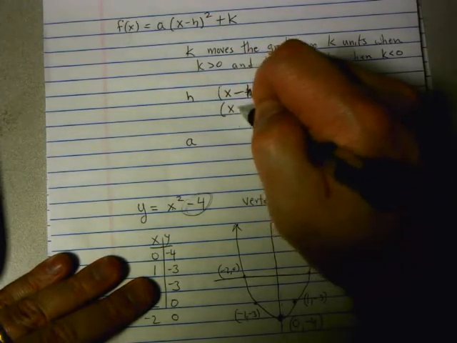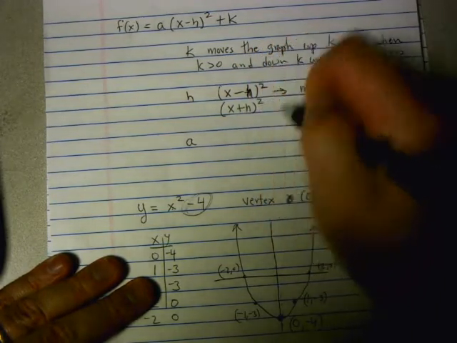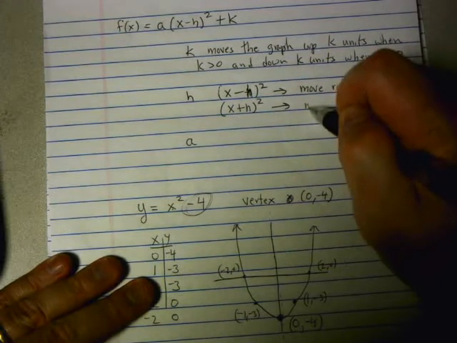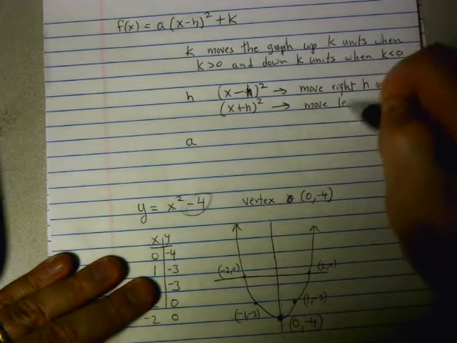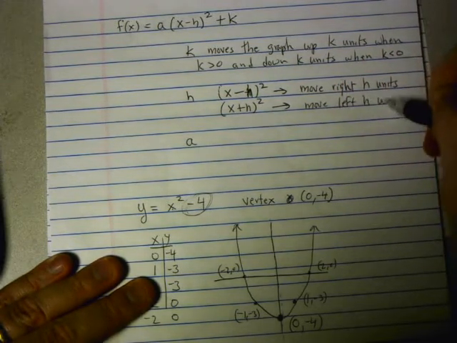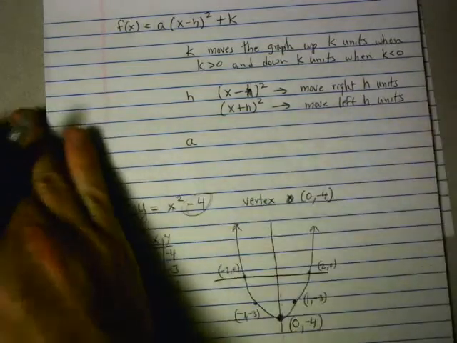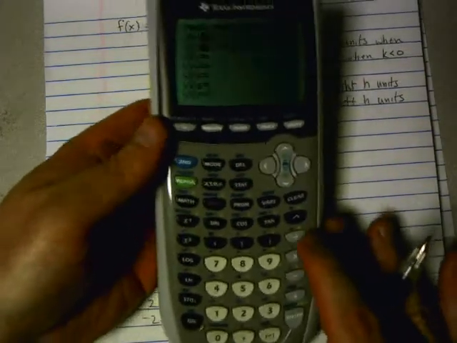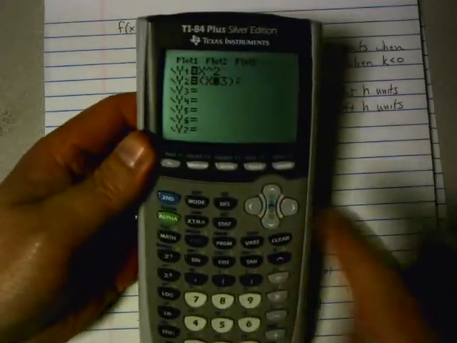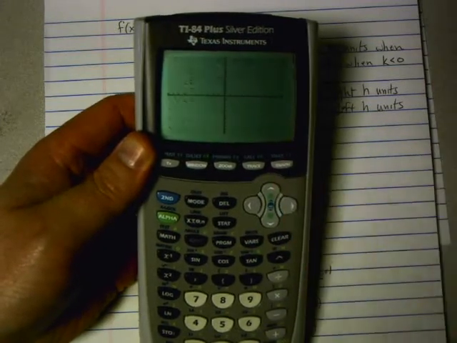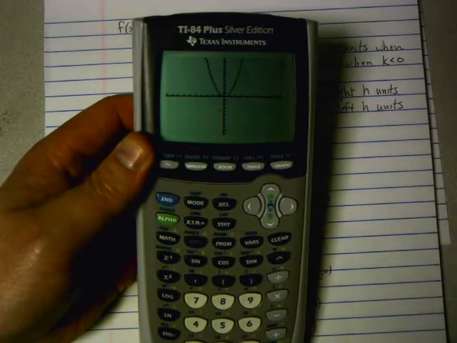Conversely, we'll see this in just a second, if you have (x plus h) squared, you're going to move left h units. And let's just do a couple examples of that on the calculator. Let's just change that to a plus 3. Shouldn't be any surprise. It goes 3 units to the left.